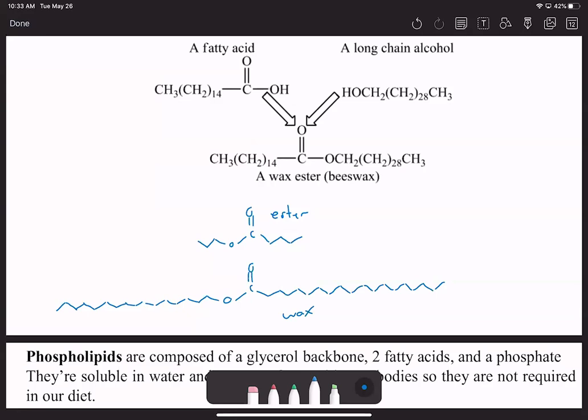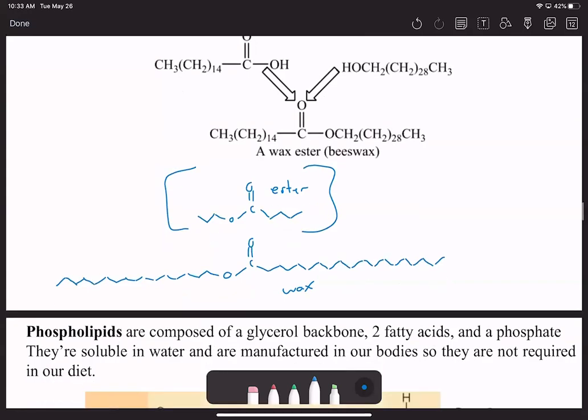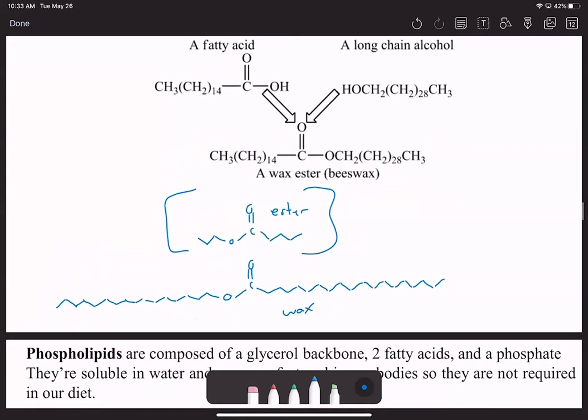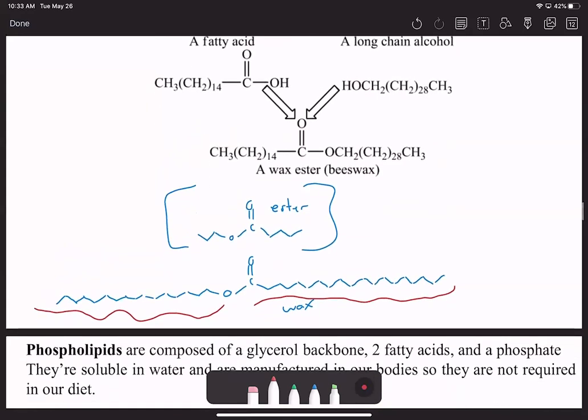You can see the difference, right? This is just a small chain ester, and this over here is a wax. Waxes are just esters, but they have really, really long nonpolar tails. These are what we consider hydrophobic ends, so there's no water attracted to these tails, but that's our difference between a wax and an ester. I would assume you would know the difference between an ester, a wax, or even something like this.